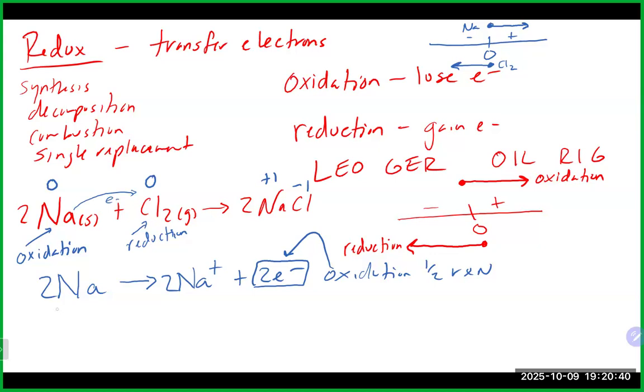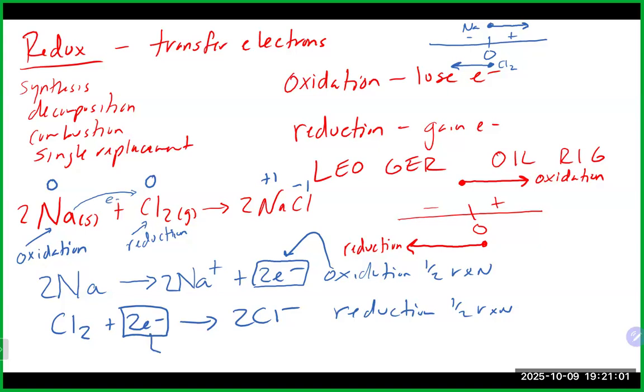When we look over here, the chlorine is going to pick up those couple of electrons and make 2 Cl minuses. And in this case, this is what is known as the reduction half reaction. The reduction half reaction will always have electrons on the reactant side, like they are being added, as opposed to here on the product side.